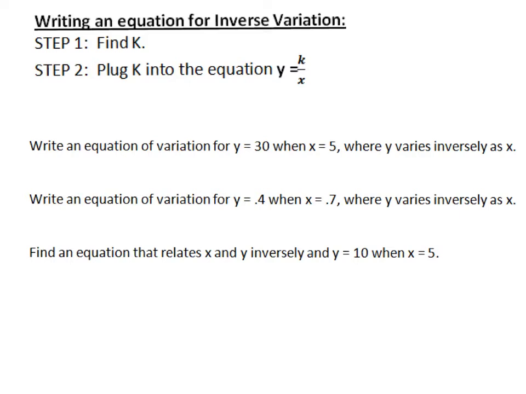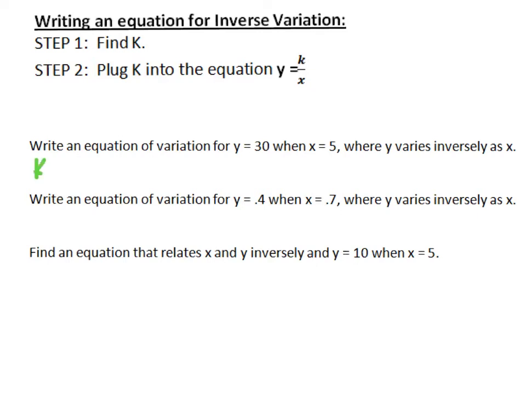Write an equation for inverse variation. Step 1, find out what k is. And then step 2, plug k back into our inverse equation, which is y equals k divided by x. So let's write an equation for a variation for y equals 30 when x equals 5. So first of all, we have to figure out what is k.